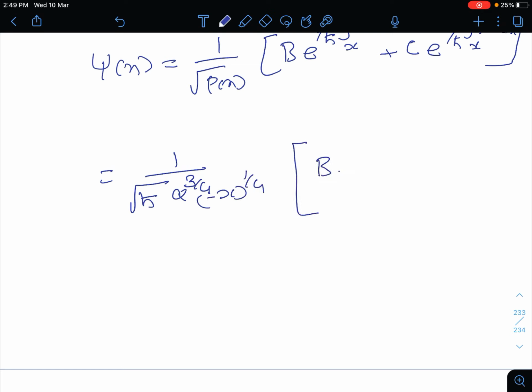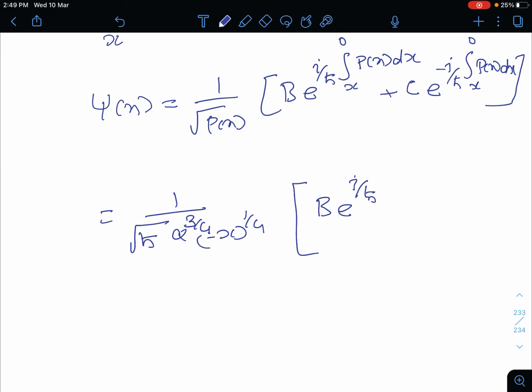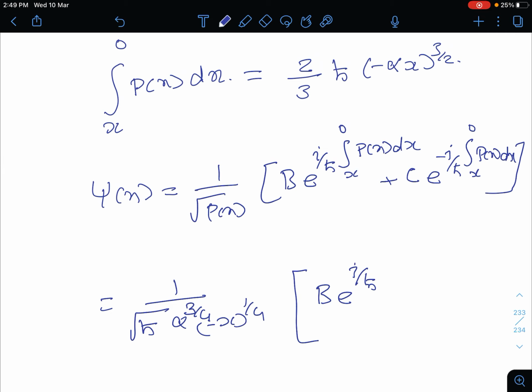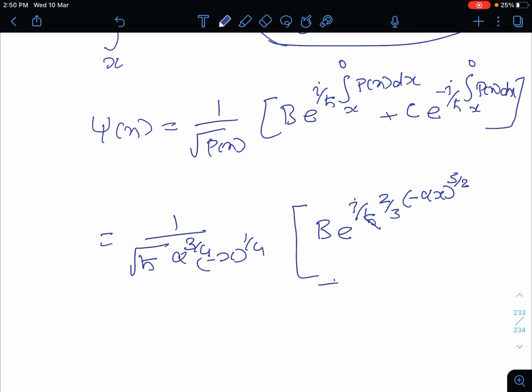Now b e raised to i by h cross integral. We found this integral here. So the h cross is there, it will cancel. So that is 2 by 3 minus alpha x all raised to 3 by 2, plus c e raised to minus i 2 by 3 minus alpha x raised to 3 by 2. Good. Correct?